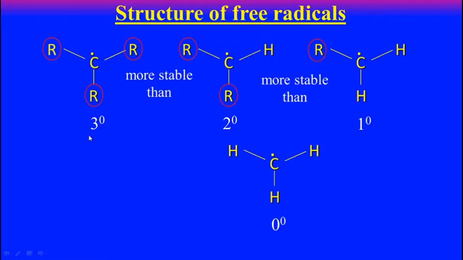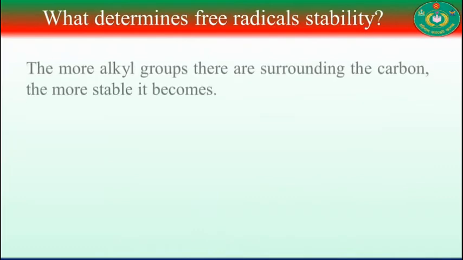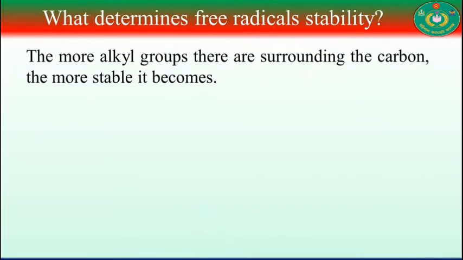And similarly the 0 degree free radical is less stable than any other alkyl free radical. So finally we can say that the more alkyl groups there are surrounding the carbon, the more stable it becomes.